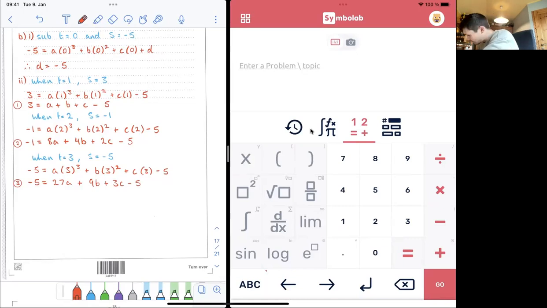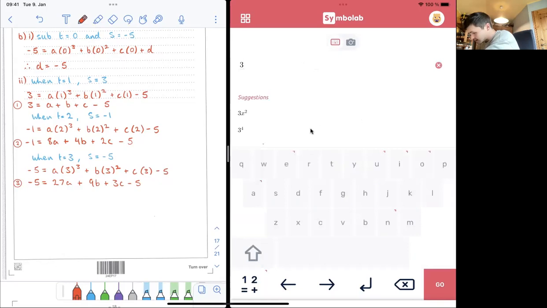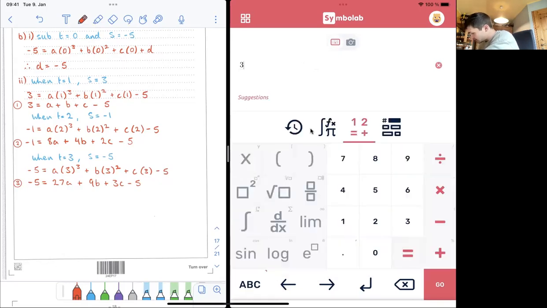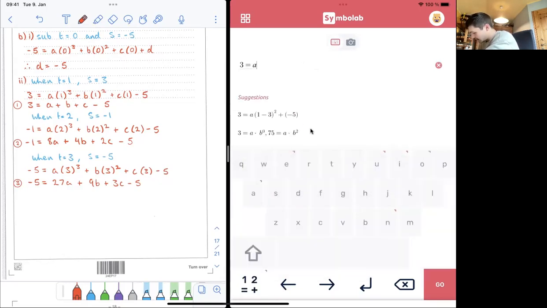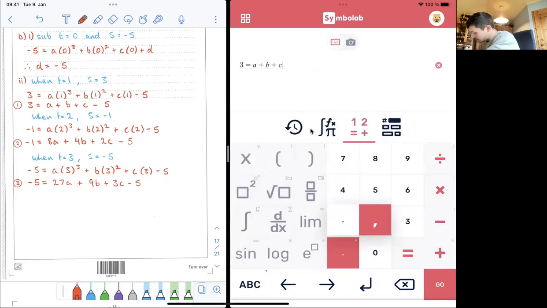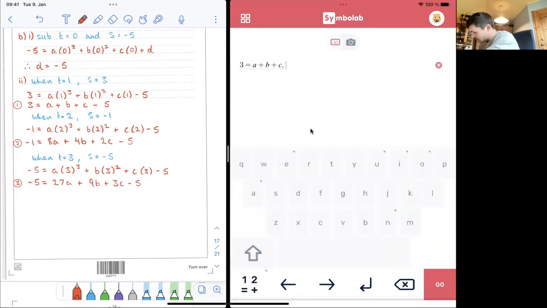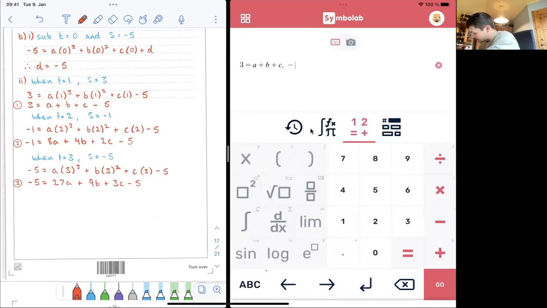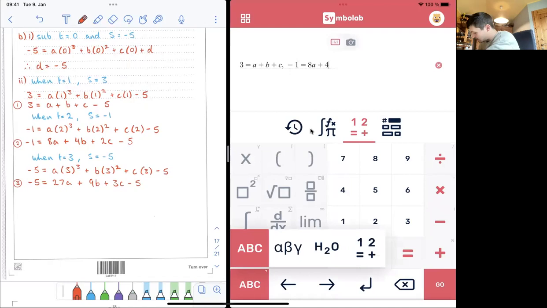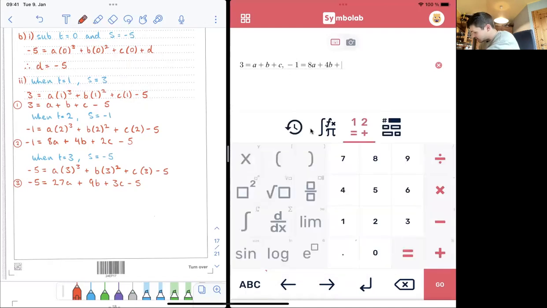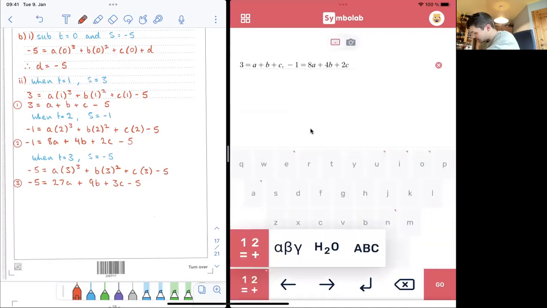So without further ado, let's plug these in. So we've got 3 is equal to A plus B plus C. Separate these out with a comma. And then we have -1 is equal to 8A plus 4B plus 2C.